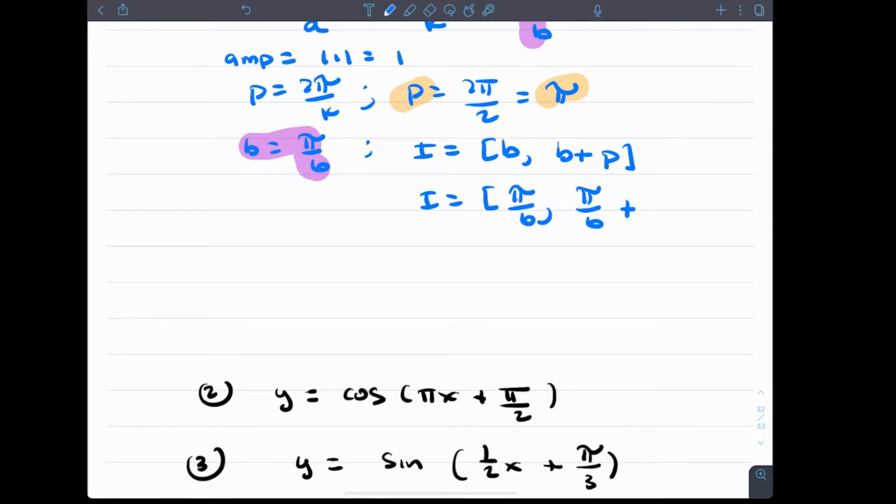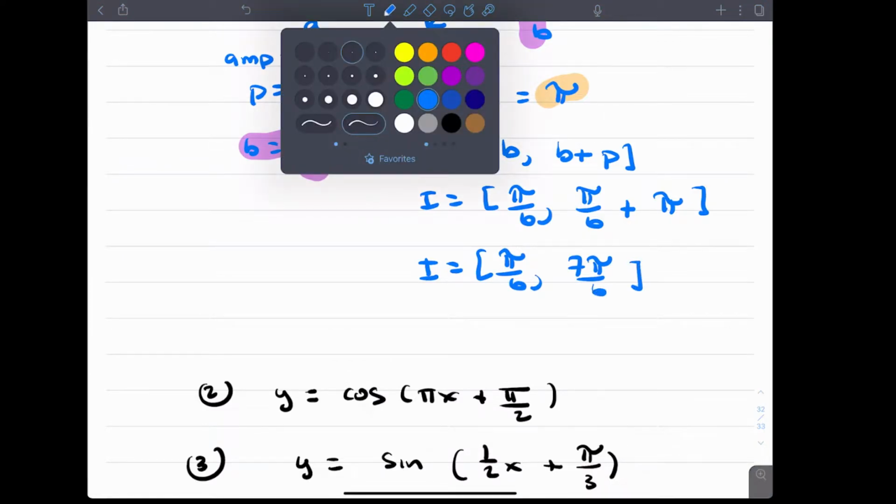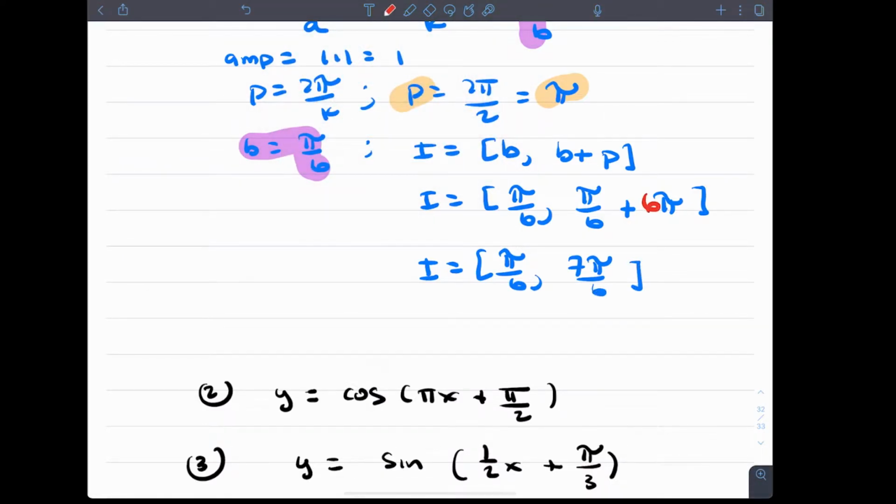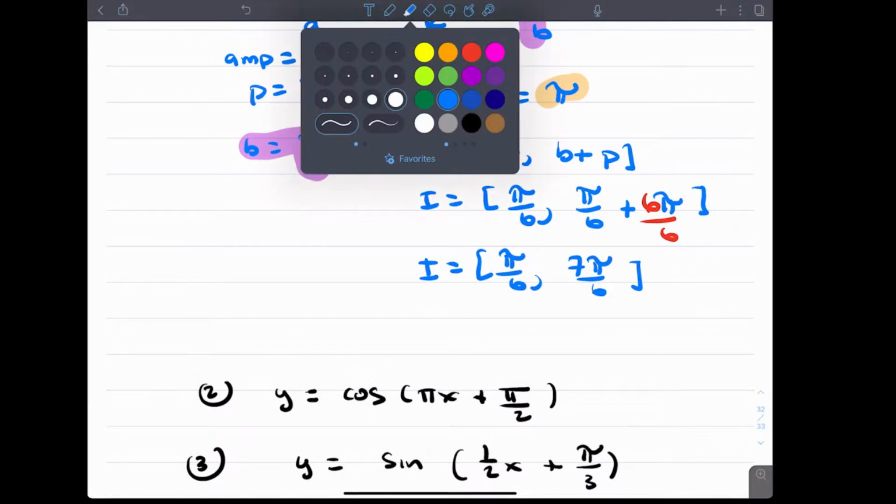Pi over 6 plus what? Plus pi. Pi over 6, and this is going to be what? 7 pi over 6. You say, why, Mr. Judge, is that 7 pi? Because in order to do my arithmetic, what do I need? That's 6 pi over 6. Is that right? So, ladies and gentlemen, take a look. We now have everything we need to graph. Is that right? So that's kind of the idea.